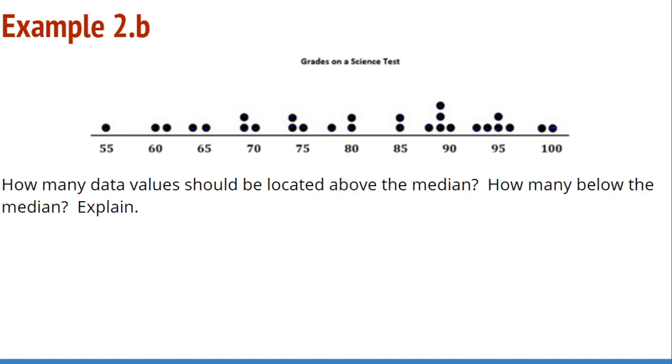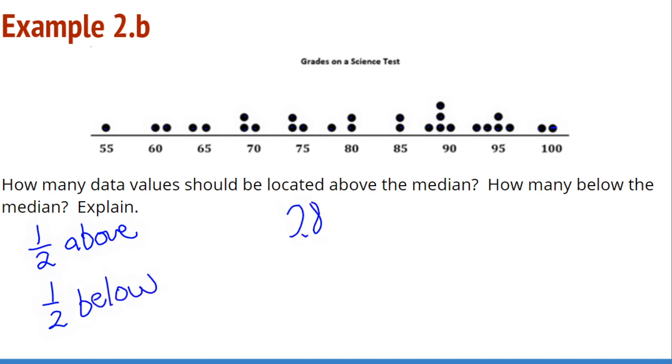So how many data values should be located above the median and how many would be below the median? Remember, we want half above and we want half below. So if there are 28, what is half of 28? 14.